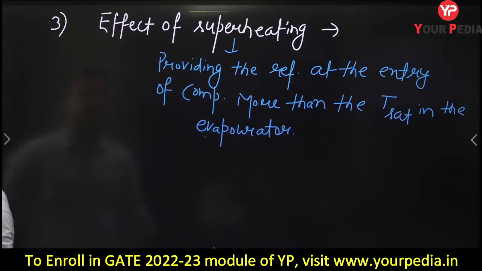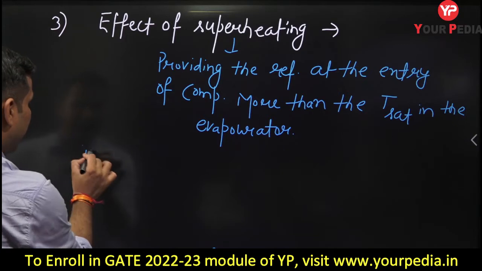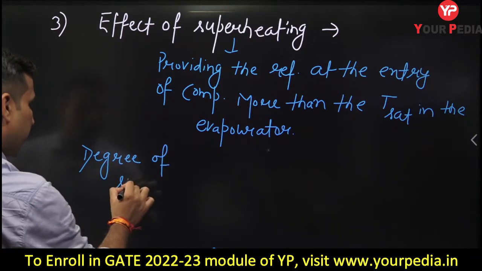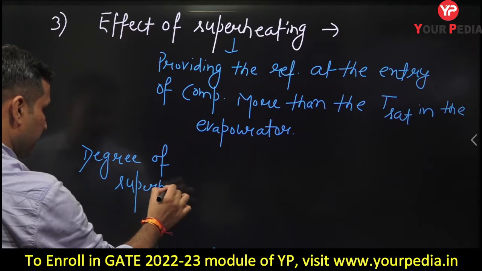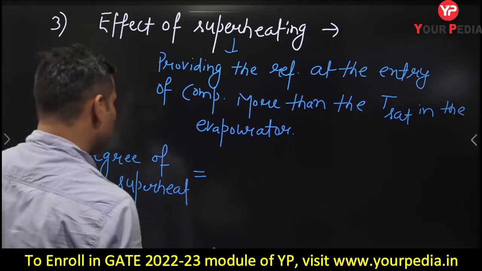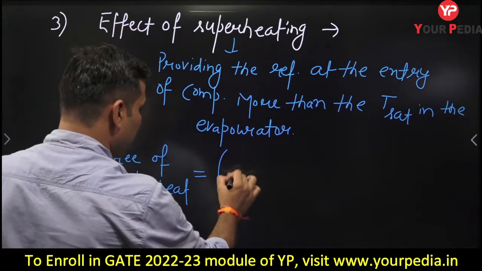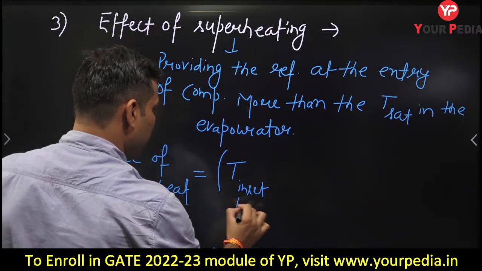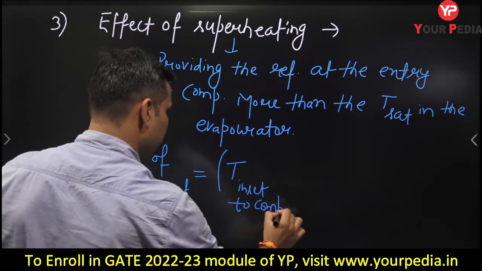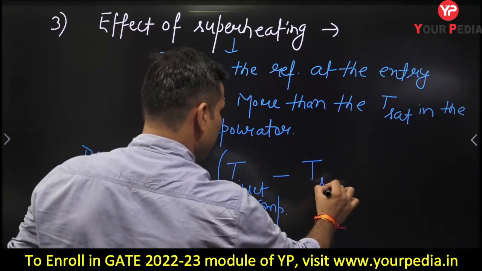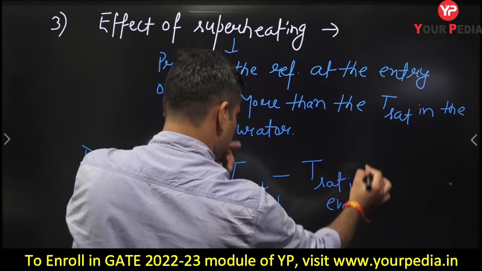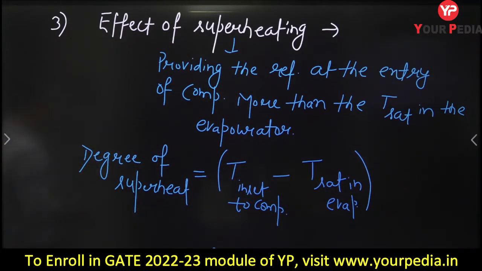Okay, there is also a term called degree of superheat. What do you mean by degree of superheat? This is the temperature inlet to compressor minus T saturation in evaporator.